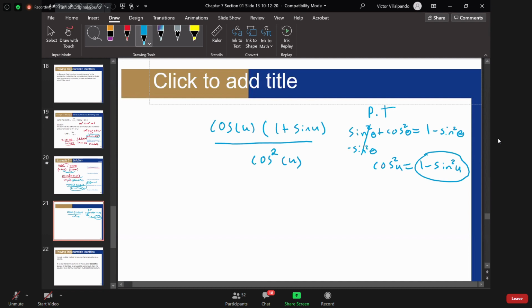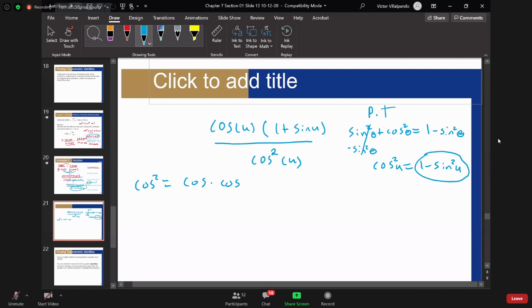We're almost done. We just have to do a little manipulation first. Cancellation. I know it might not seem obvious yet, but we can cancel a cosine, because cosine squared is just cosine times cosine, right?